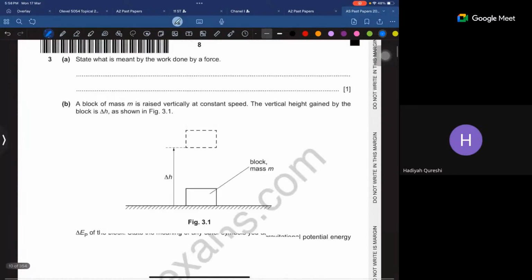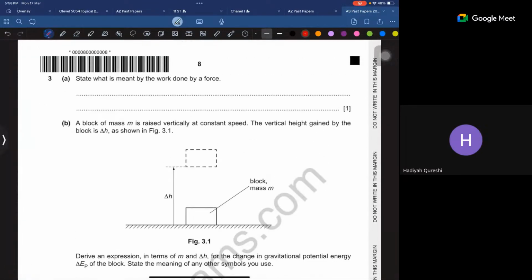Okay. Then state what is meant by work done by a force. Work is done when a force is applied and an object moves a displacement in the direction of the force applied.